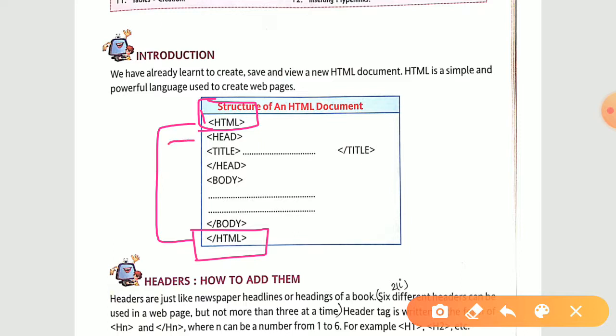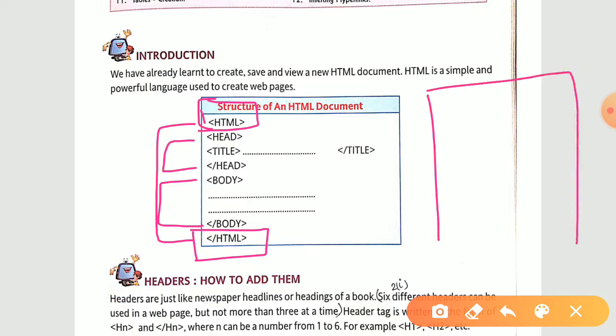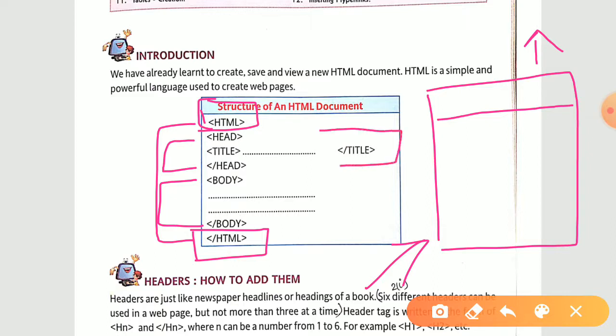One is your head tag and the other one is your body tag. Okay, you can assume something like this is your HTML page and this is your head, this is your overall body. So head is present at the very top. Now in your body also head is at the very top, right? And body is the lower portion. So that is why always we are writing head at the very top.